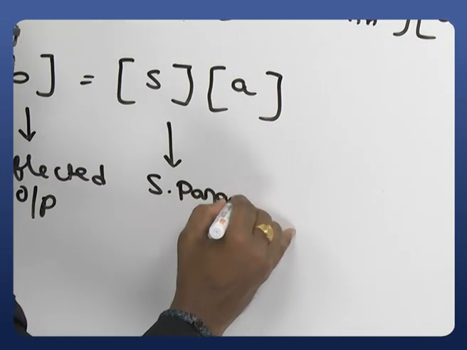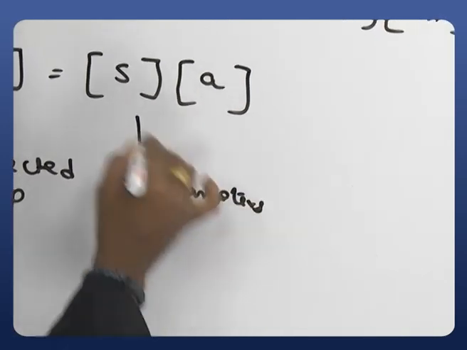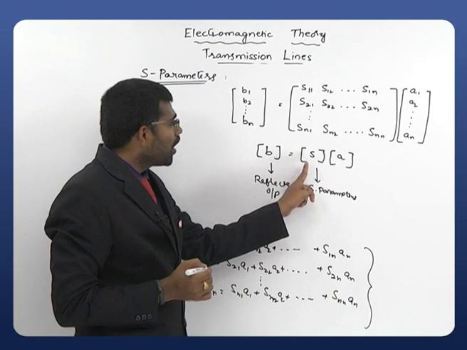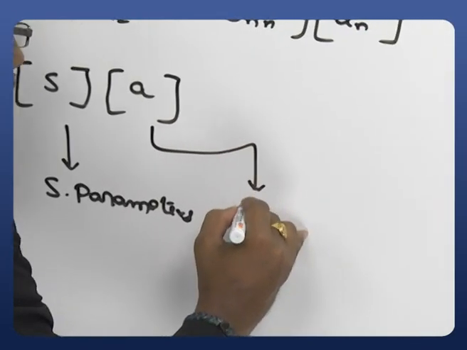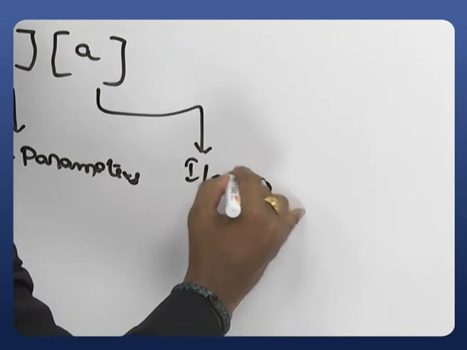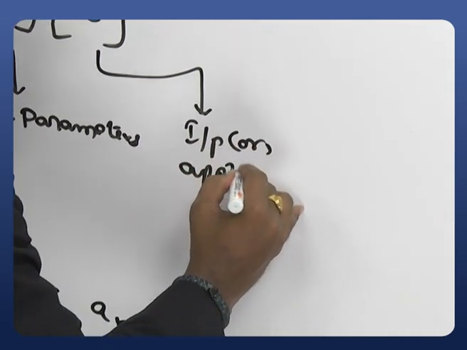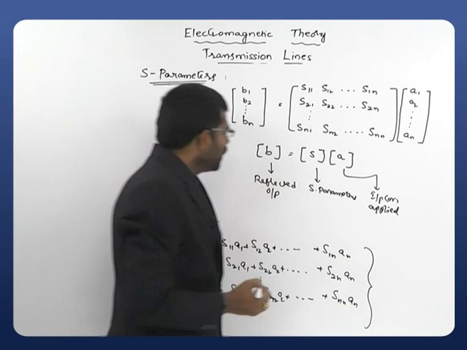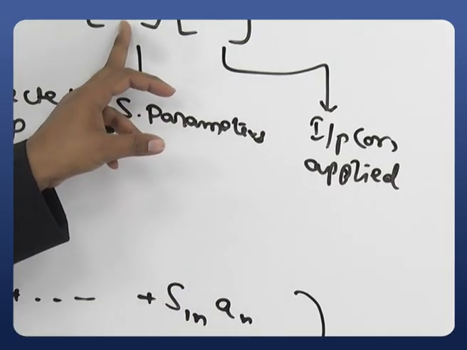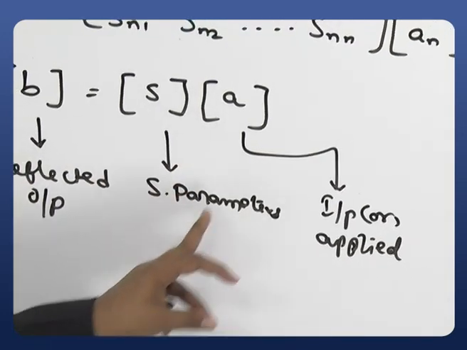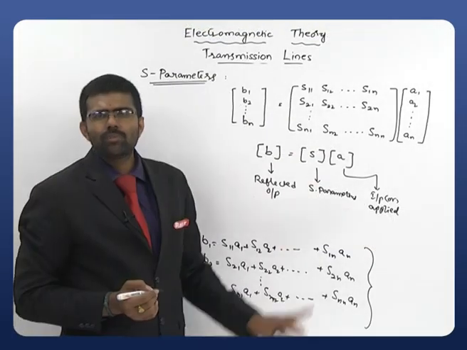What are S parameters? Scattering parameters. Using this one only, you can clearly observe how much power will be scattered. Now, A is nothing but simply the input or applied waves. So the output is equal to the scattering matrix, which is said to be the scattering matrix, into the input.